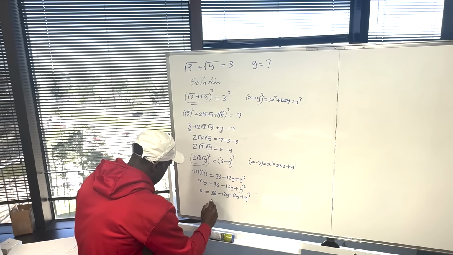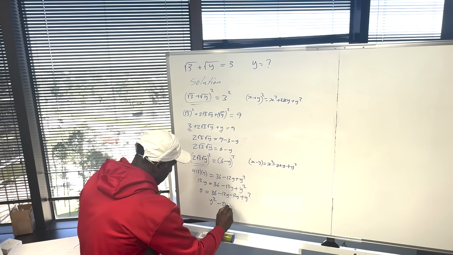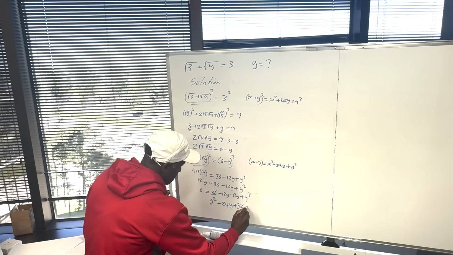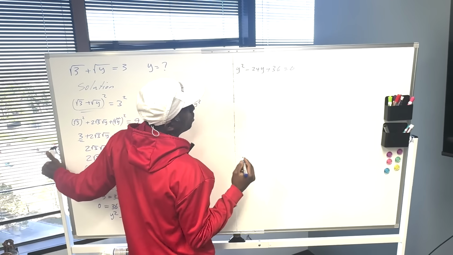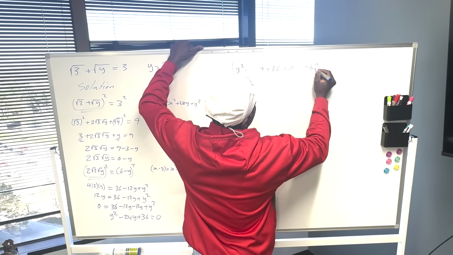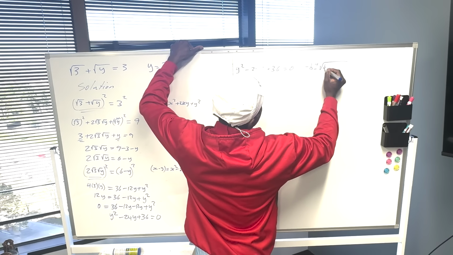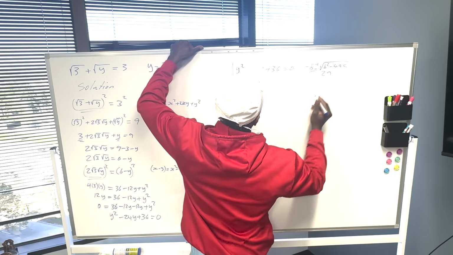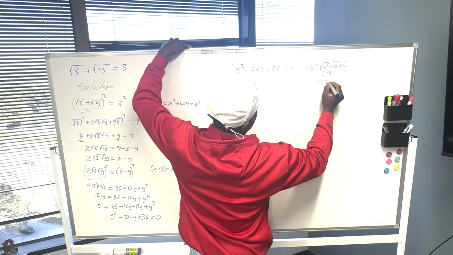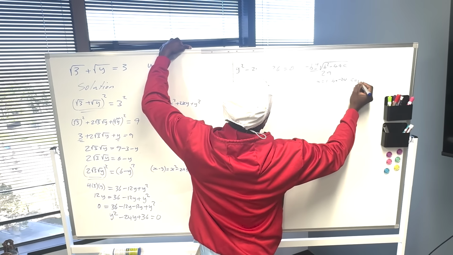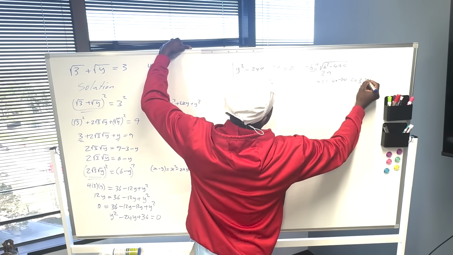Let's rearrange this. You get y squared minus 24y plus 36 equals 0. Let's use the quadratic formula: minus b plus or minus the square root of b squared minus 4ac, over 2a. We have a equals 1, b equals minus 24, and c equals 36.